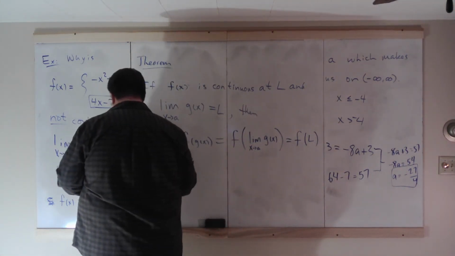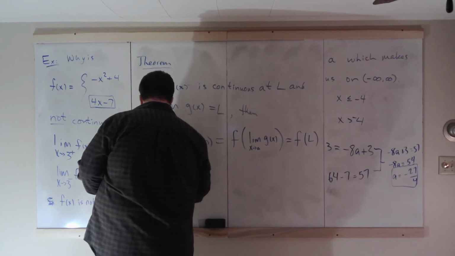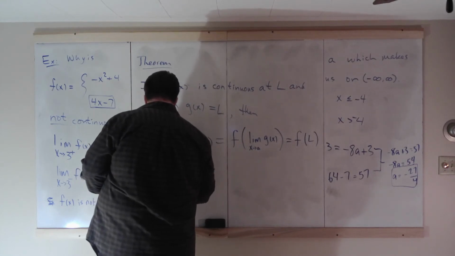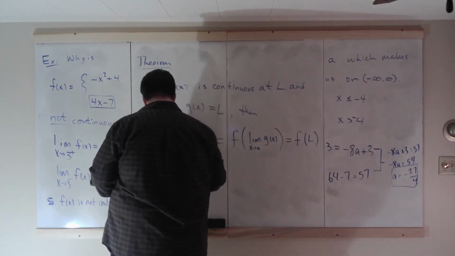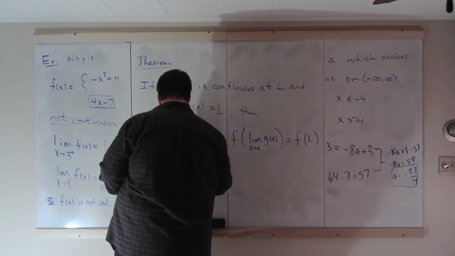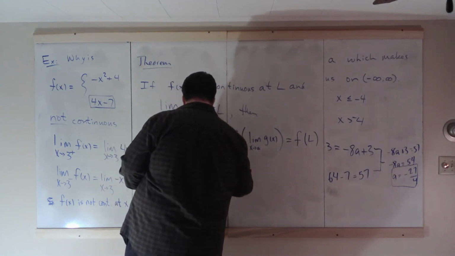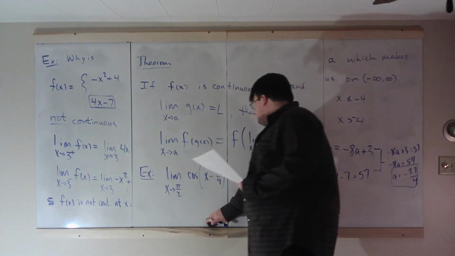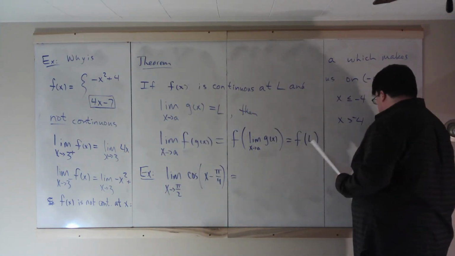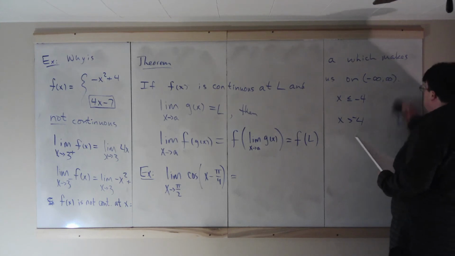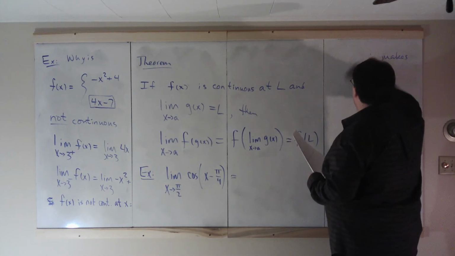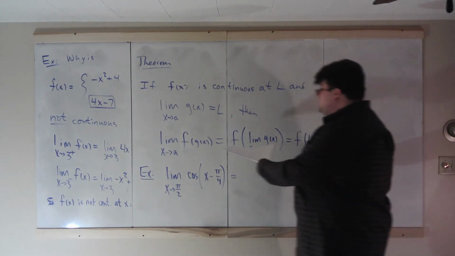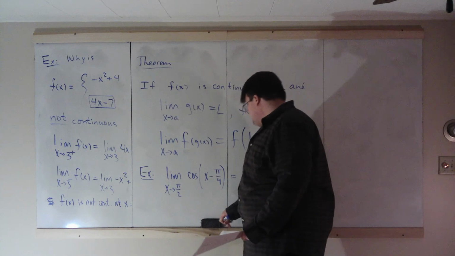One example here. The limit as x approaches pi over 2 of cosine of x minus pi over 4. So what does this equal? Well, with this result, we can push the limit inside the cosine function.